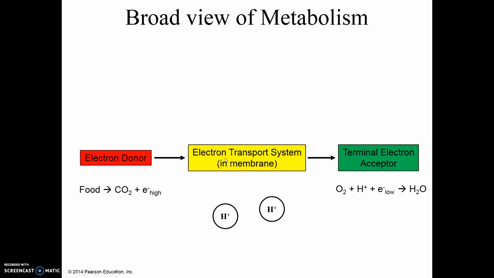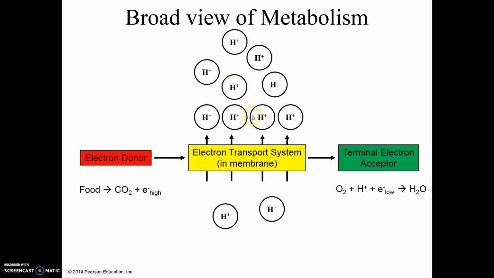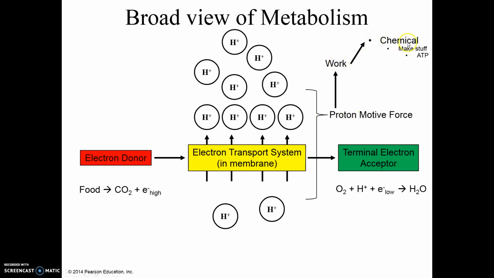The electron transport system is responsible for pumping protons from one side of the membrane to the other side of the membrane, creating a proton motive force or an electrochemical gradient. And again, we can use this gradient to do work such as make ATP, like we've just seen with ATP synthase.